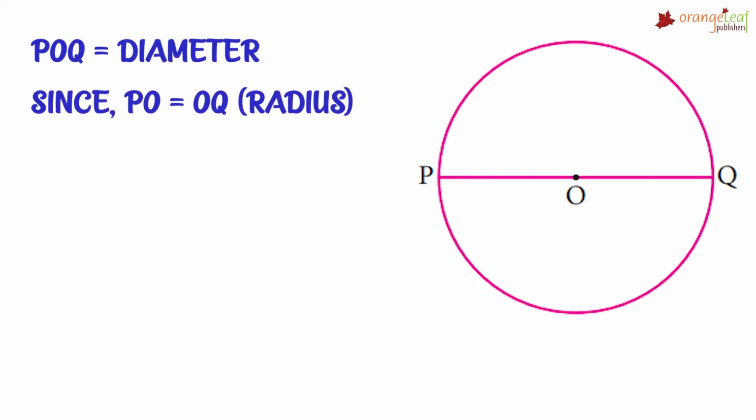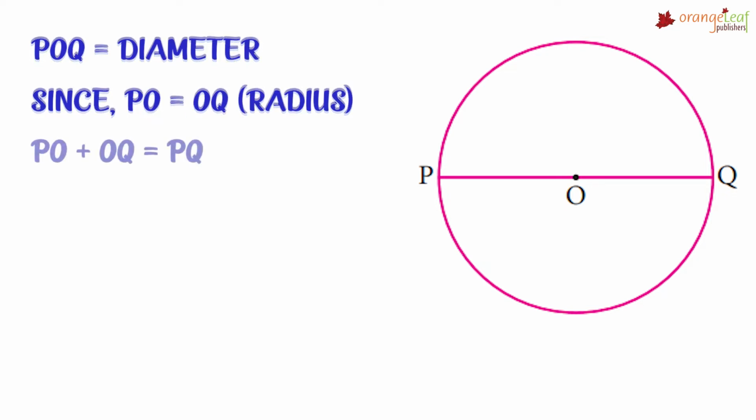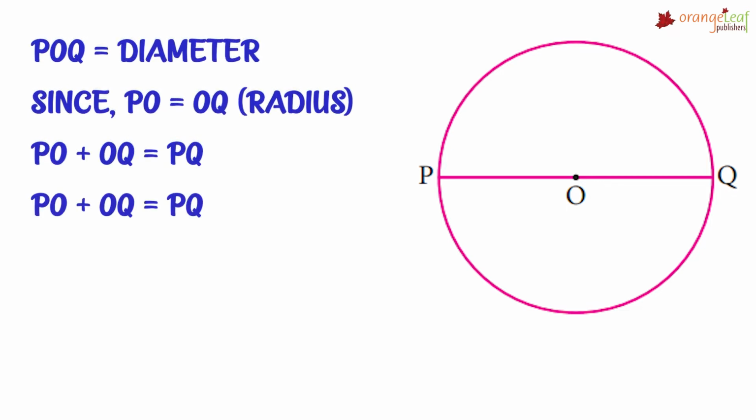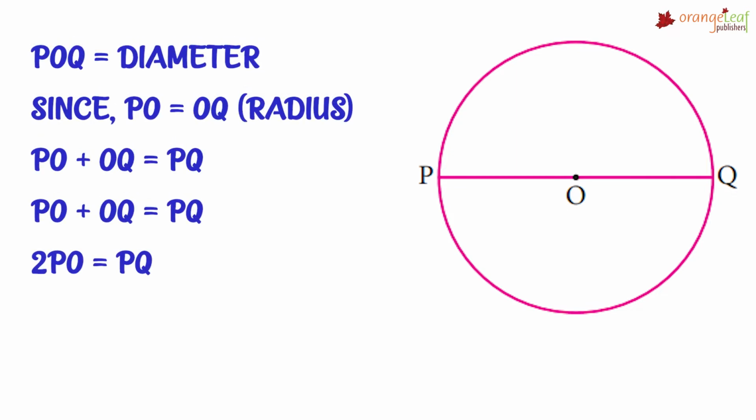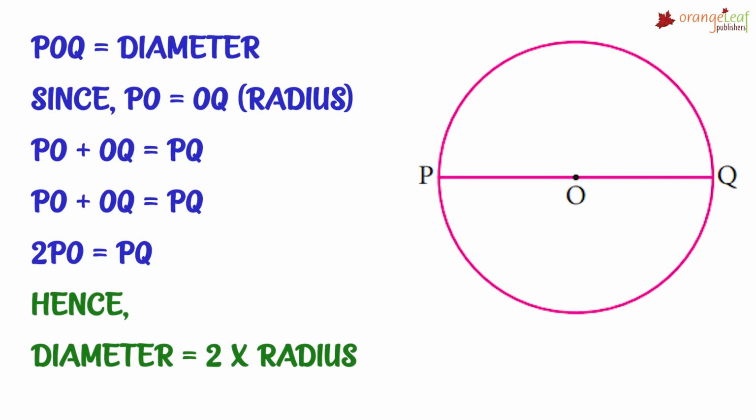Since PO is equal to OQ because they are radii of the circle, PO plus OQ is equal to PQ. So 2PO is equal to PQ. Hence, the diameter of a circle is equal to 2 times its radius.